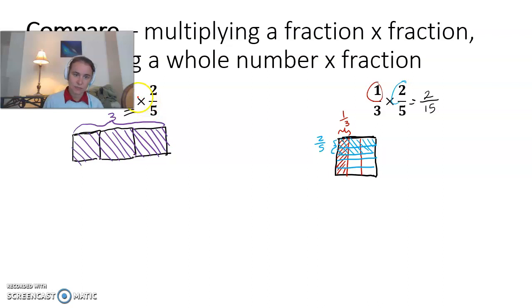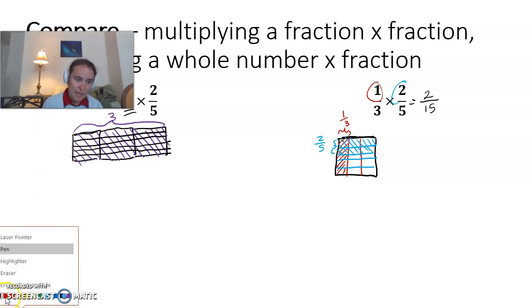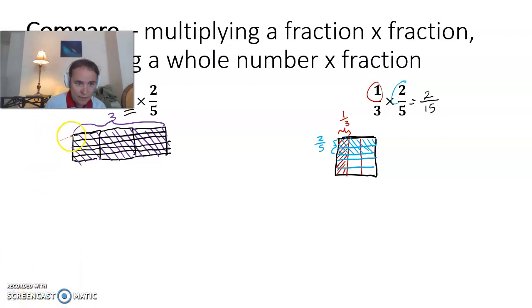So I'm going to cut my 1 whole into 5ths. 1, 2, 3, 4, and 5. Okay, so now I have that cut into 5ths, and I need 2 of the 5ths. So I'm going to shade in 2/5.